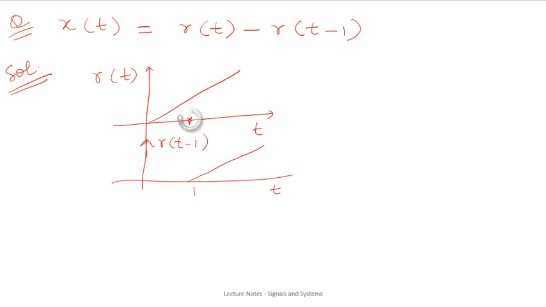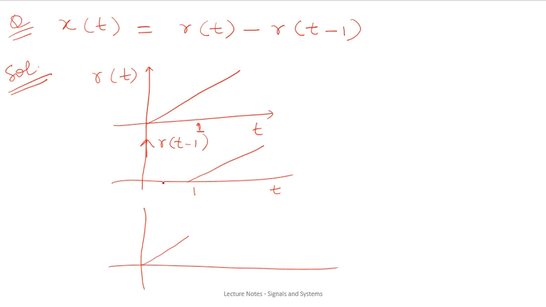Let me label this point as 1. The below signal is starting from 1. If you subtract this below signal from the upper signal, what will you get? From 0 to 1 you will get the upper signal, because the lower signal is 0.